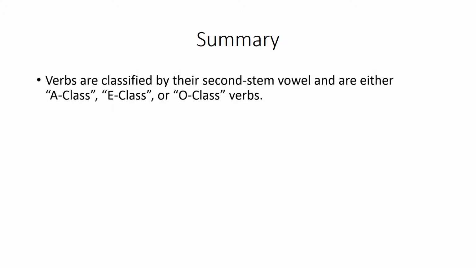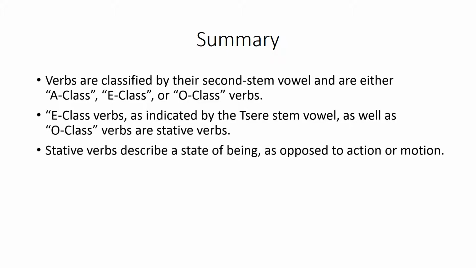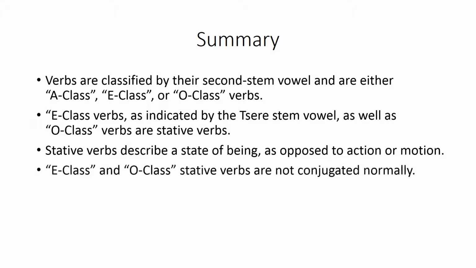All right, so what have we learned? Well, first of all, we've seen that verbs are classified by their second stem vowel and are either A-class, E-class, or O-class verbs. We've seen that E-class verbs, as indicated by the tsere stem vowel, as well as O-class verbs, are what are called stative verbs. Stative verbs describe a state of being as opposed to action or motion. And we saw that E-class and O-class stative verbs are not conjugated normally.